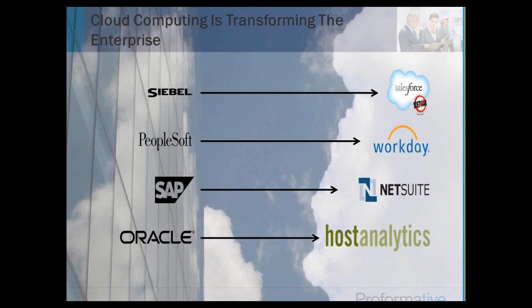Workday did something in the HCM category after it was founded in 2006. NetSuite showed that CFOs at mid-market companies trust the cloud for ERP applications. And now we're seeing a similar shift in the EPM category. Companies are replacing outdated technology or moving off of Excel to better, more cost-effective ways of doing business.